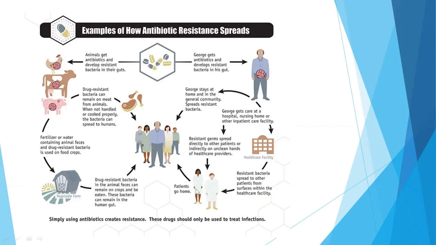When the patients go home, they can transfer the antibiotic resistance to their family members. Also, drug-resistant bacteria can remain on the meat from animals, and if the meat is consumed by humans, the drug-resistant bacteria can spread to humans. So you can see that there are various mechanisms by which antibiotic-resistant bacteria can transfer from one organism to another, and from one setting to another.